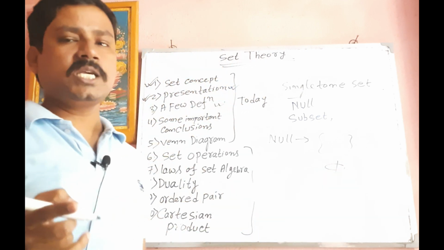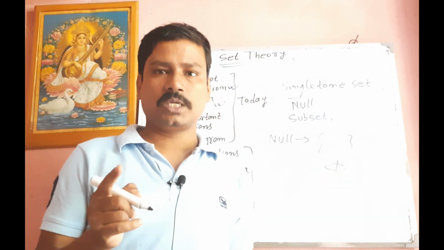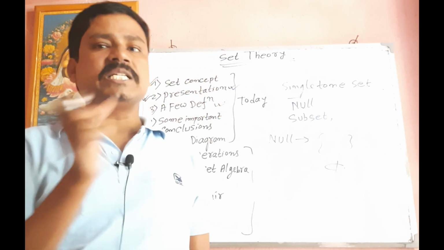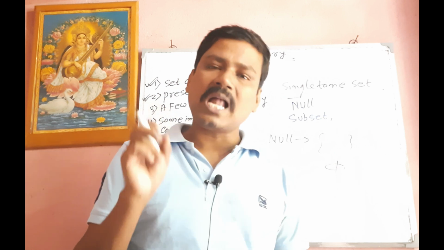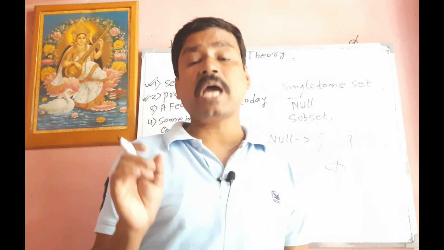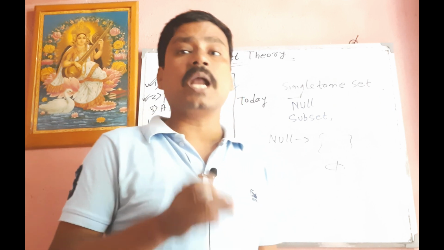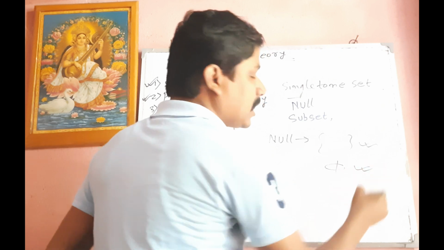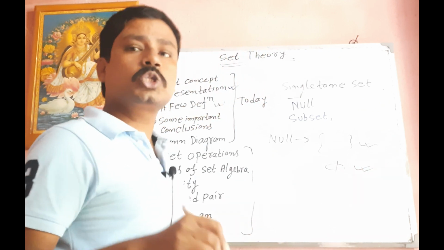So the null set has no element. And the interesting thing is that the null set is a subset of every set, and representation of the null set is this one or that one according to our choice.